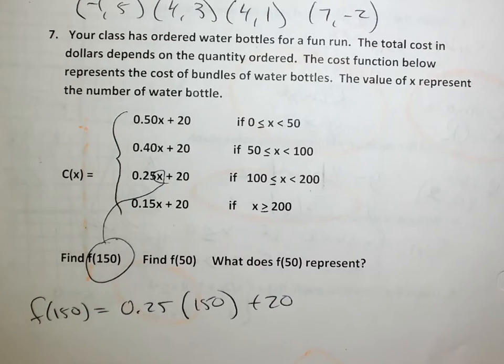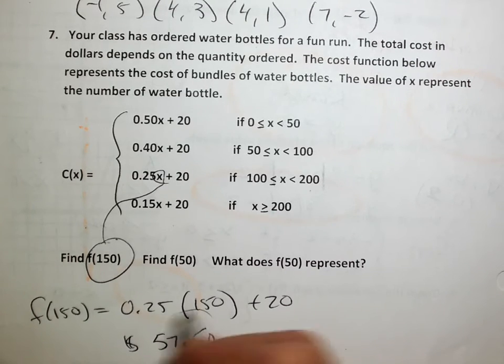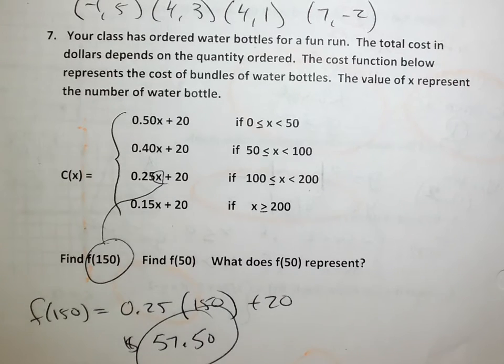Hold on. That's what calculators were made for, right? Okay, 0.25 times 150 plus 20. Yeah, $57.50, I think. $57.50. Good.